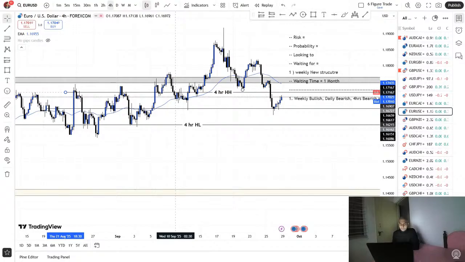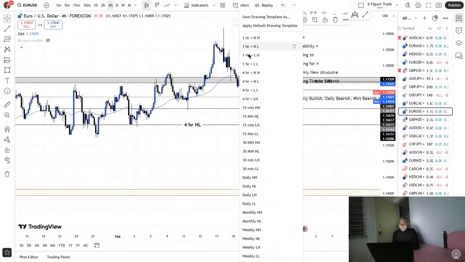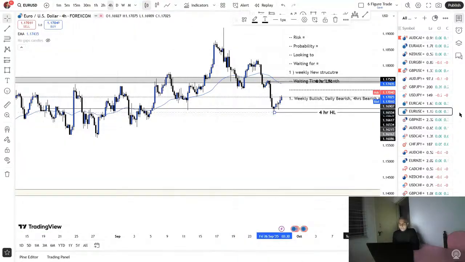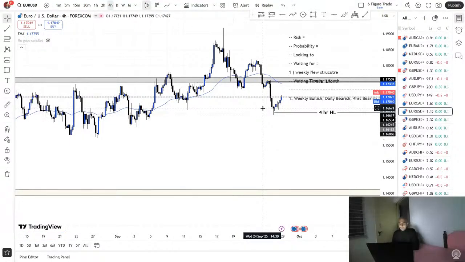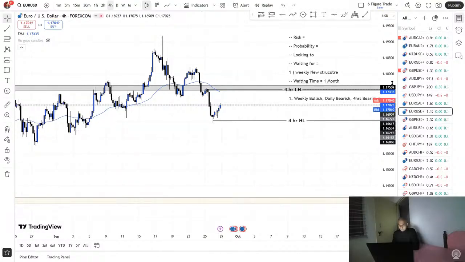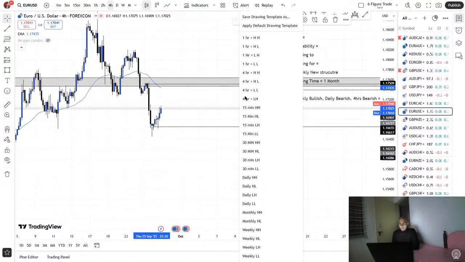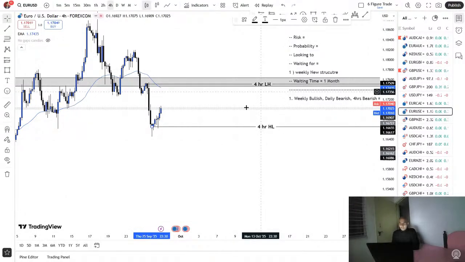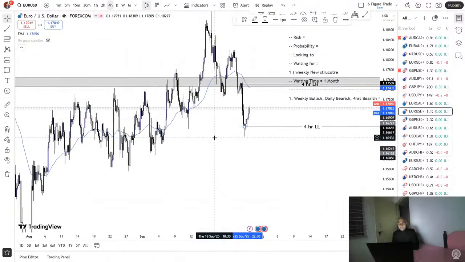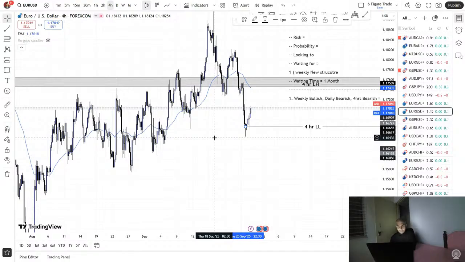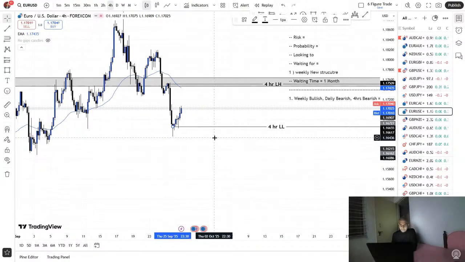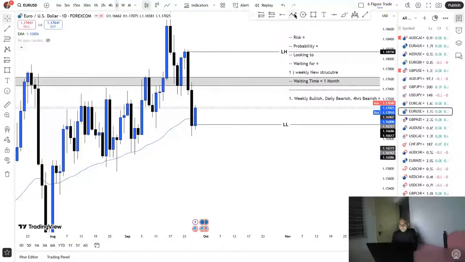Okay, this is the 4 hours lower high, and this is the 4 hours lower low. Let me delete this. But the issue is this is a zone where the sideways market started.